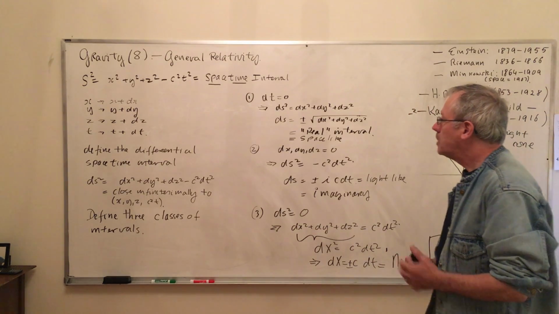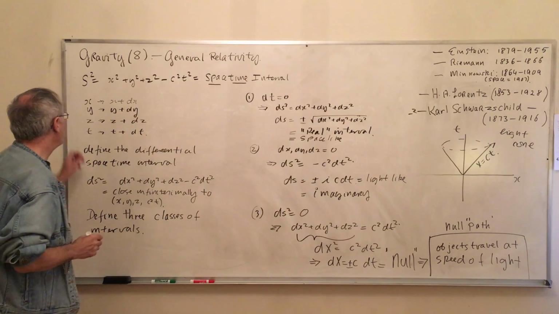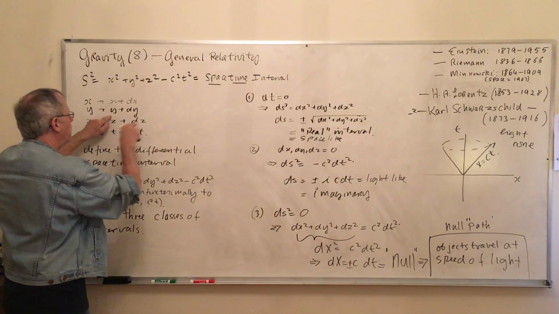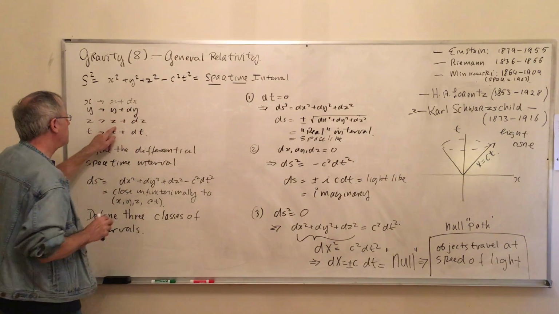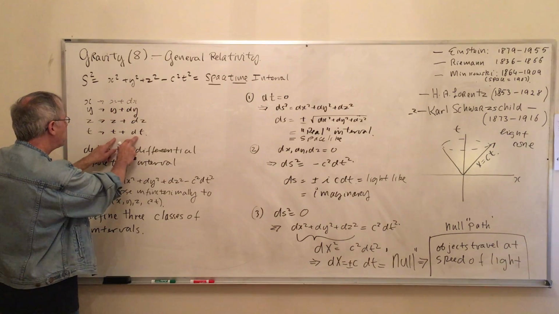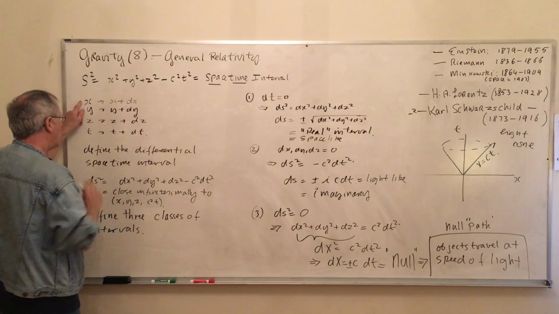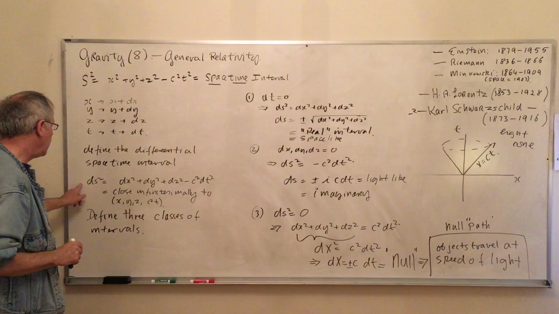Now let's move on to a little bit infinitesimally close to the x coordinate, and another step a little bit infinitesimally close in the y direction, and similarly in the z, a differential: t plus delta t, z plus delta z, x goes to x plus dx, right? So we define a differential space-time interval like this.